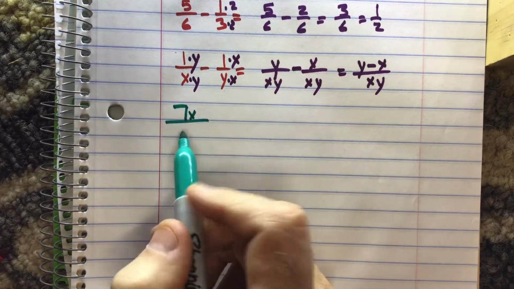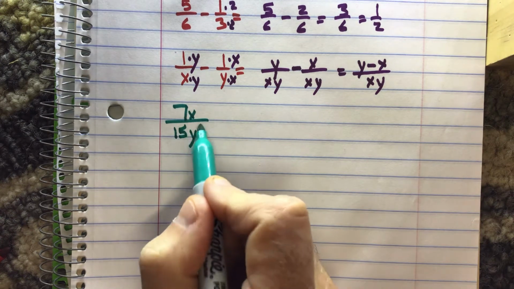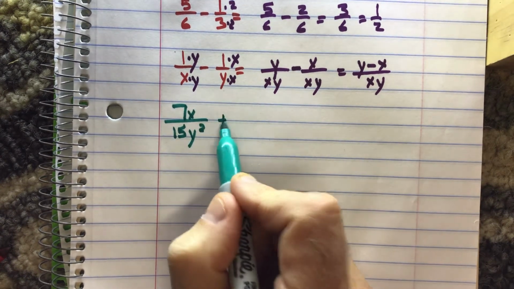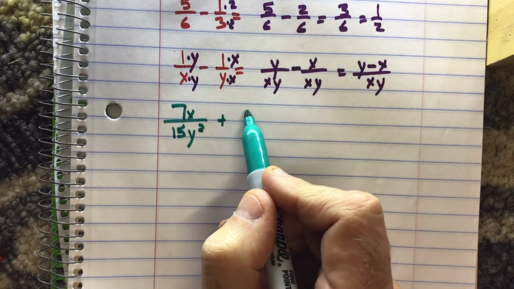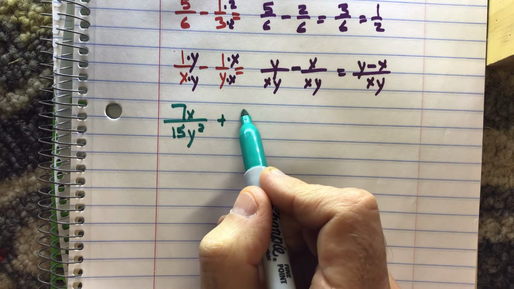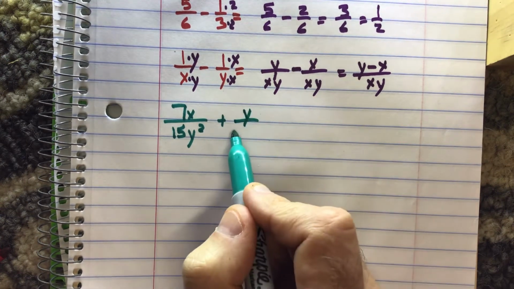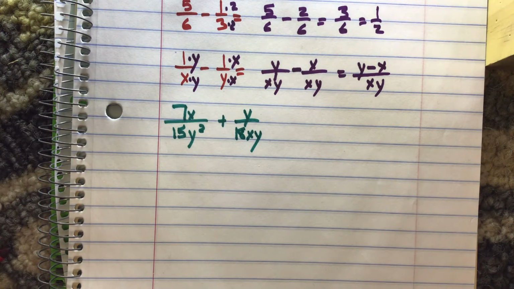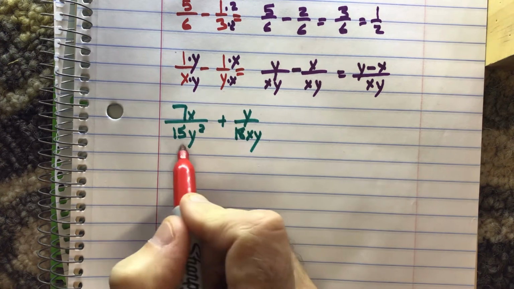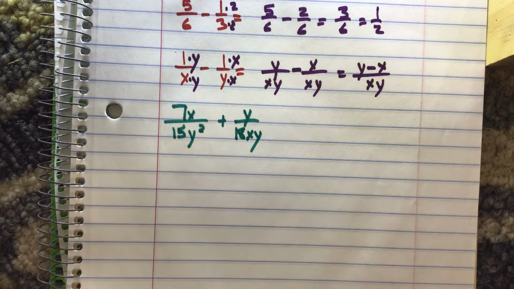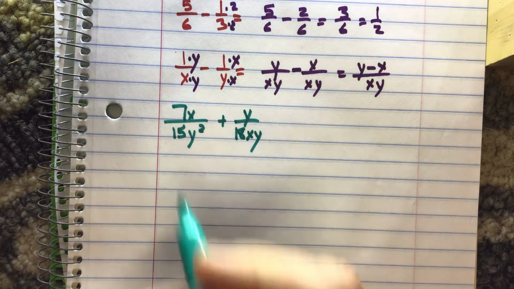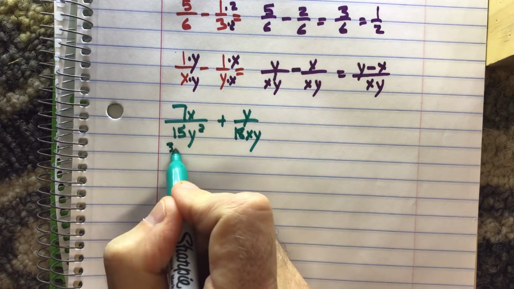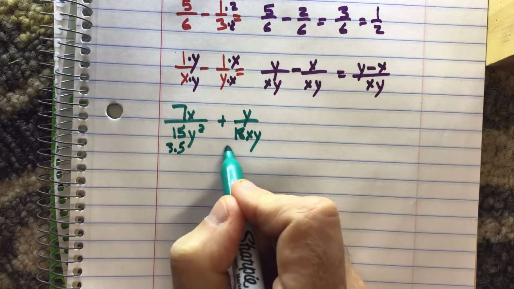Let's do 7x over 15y squared plus y over 18xy. So I need a common denominator. Basically, instead of calling that 15, you could think of it as 3 times 5, and this is 3 times 6.